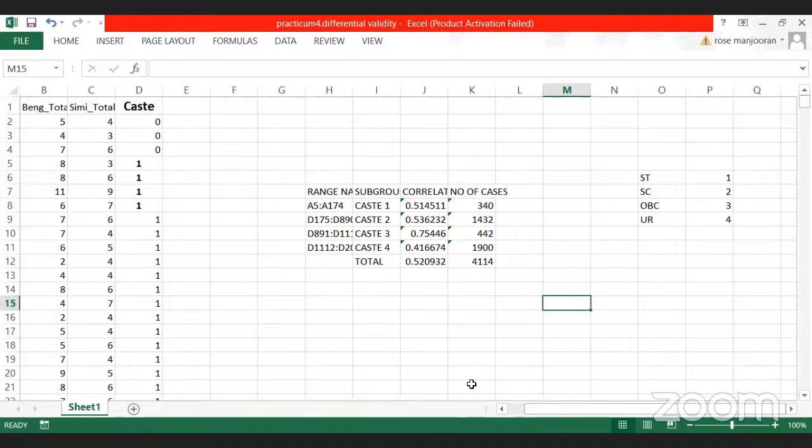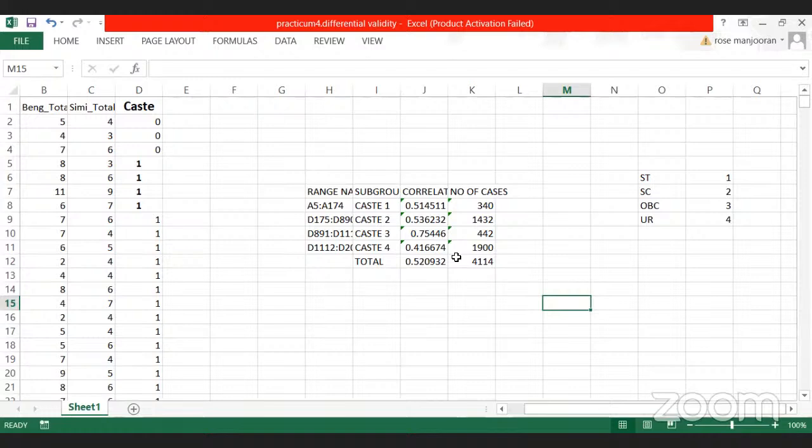So let us look at the screen. We have different values here: 0.41, 0.75, 0.53, 0.51. What does it indicate? What is the interpretation of this one? That means this will be the highest, and this 0.53 will be the moderate one.